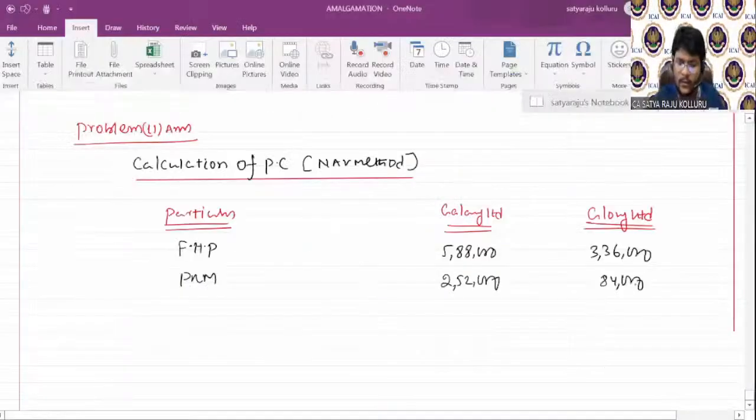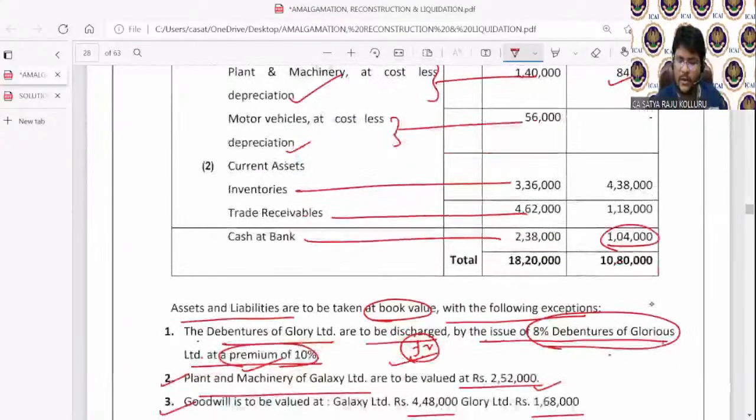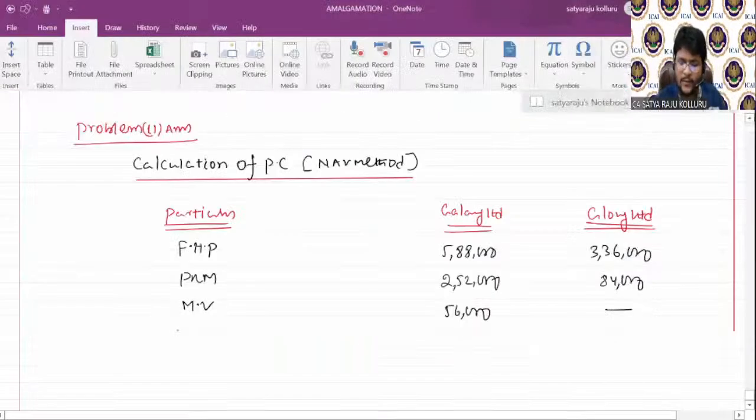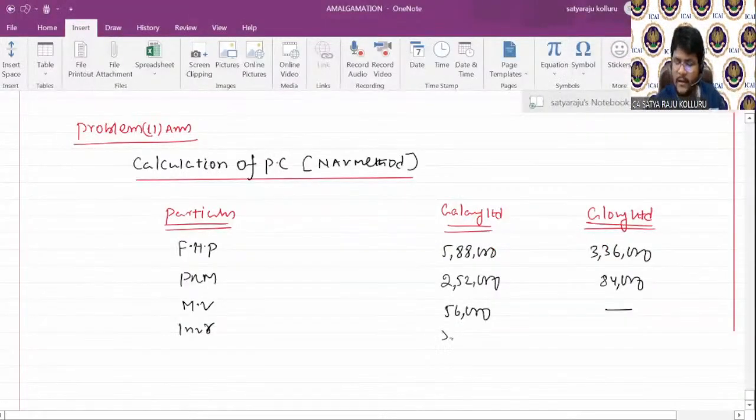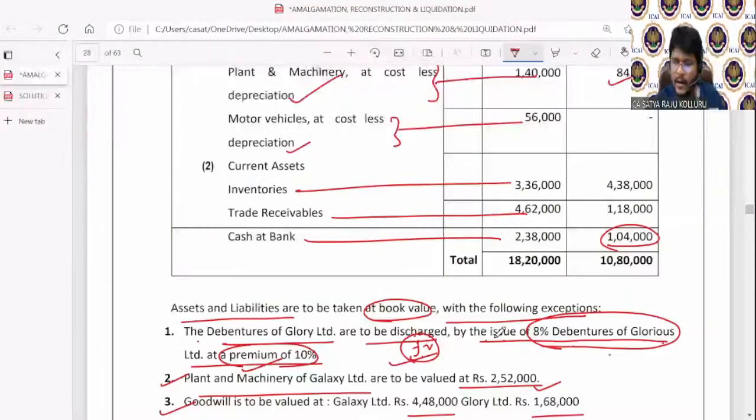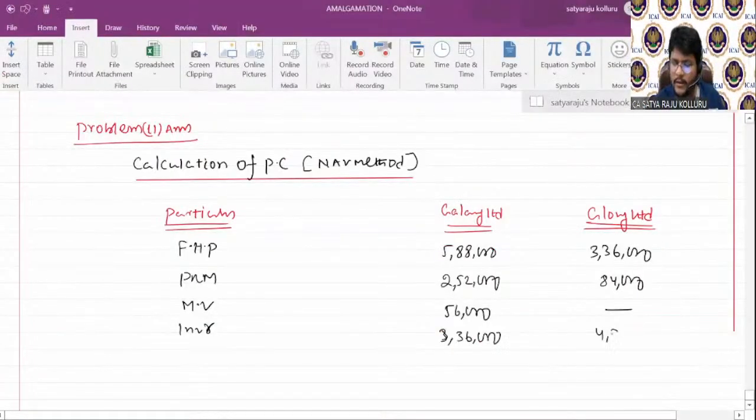The next item is motor vehicles. Motor vehicles are also at book value only for Galaxy. Nothing is there for Glory. Next, coming to current assets, inventory. Nothing is given here, so inventory you can consider at the book value 3,36,000, and for Glory 4,38,000.